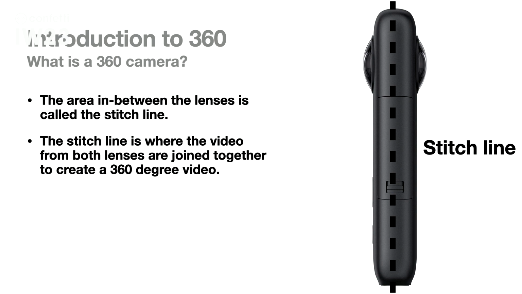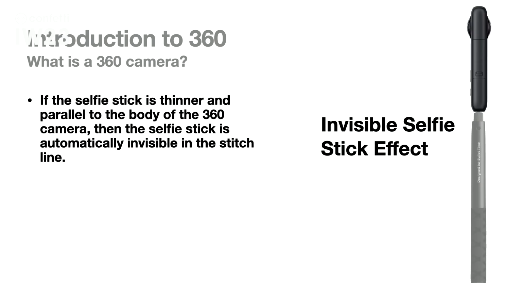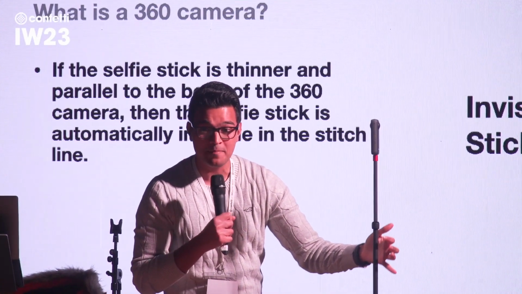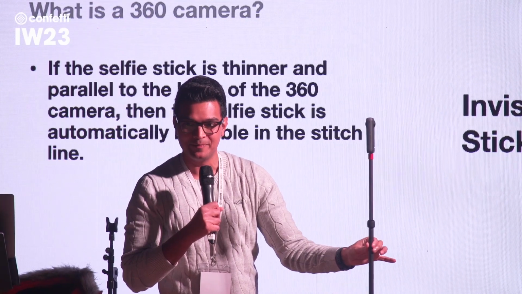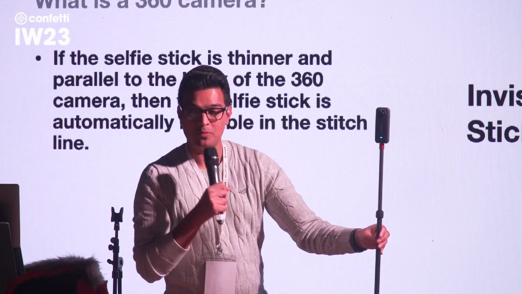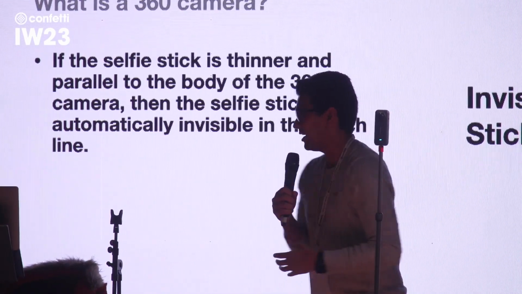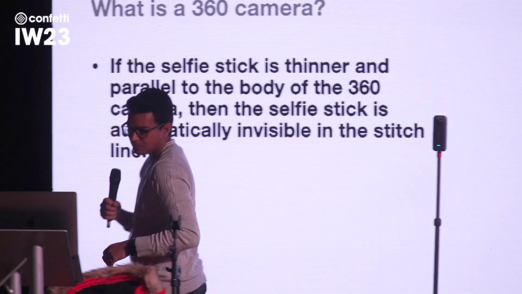And because of the stitch line, we're able to do something really incredible. If the selfie stick is thinner than the body of the 360 camera, then it's automatically invisible. That's why you can't see the selfie stick in the final shot.